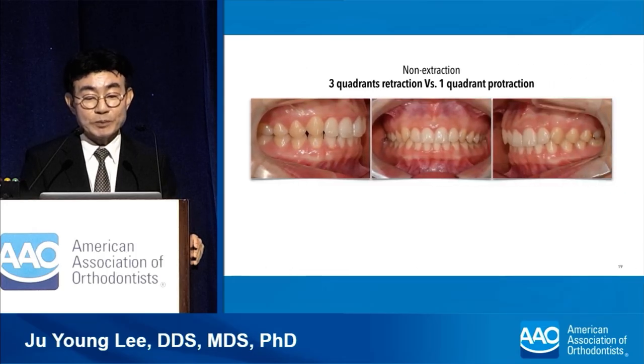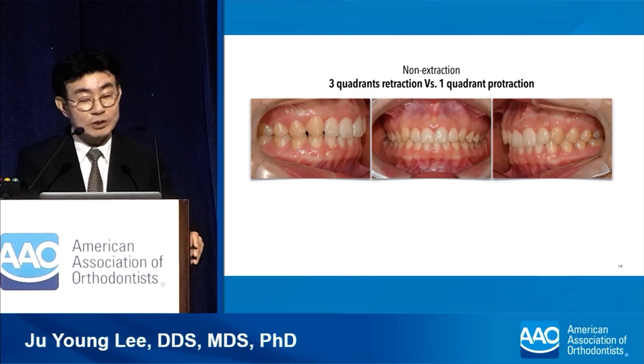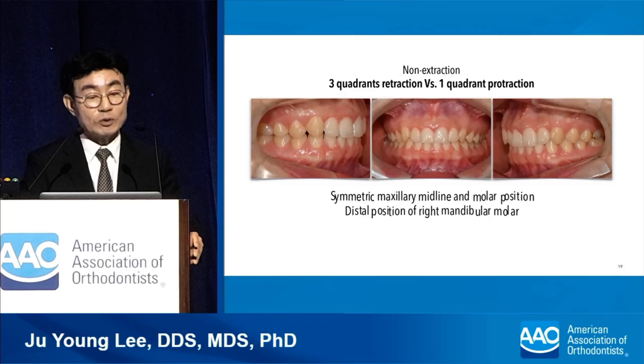In order to improve the class 2 subdivision, if you plan to maintain the right quadrant of the mandible in the same location and move the teeth of the other 3 quadrants posterior, you can use the pulling force from posterior TAD. Since the facial profile is good and the position of the maxillary dentition is favorable, it was decided to protract the lower right quadrant to achieve class 1 occlusion.